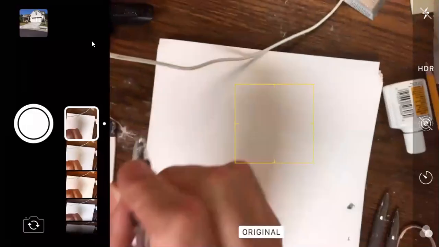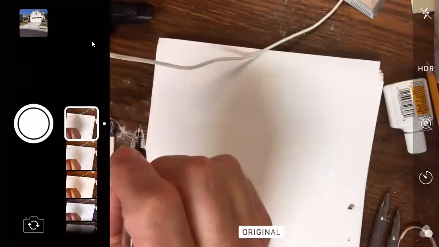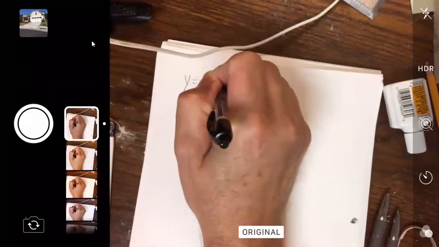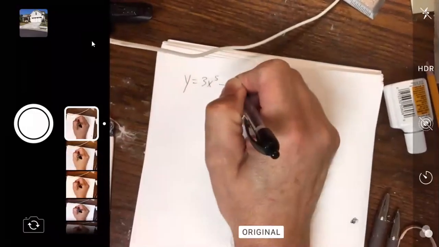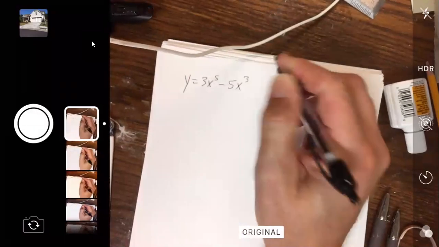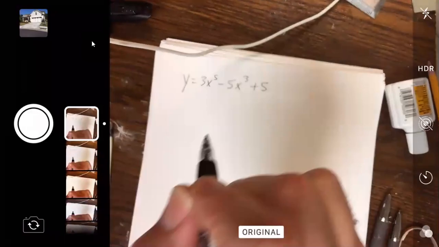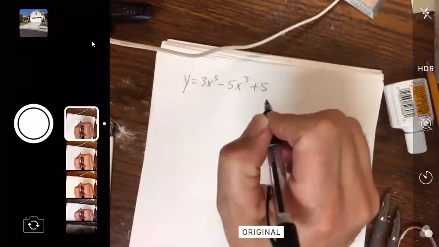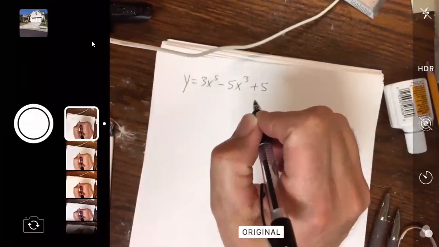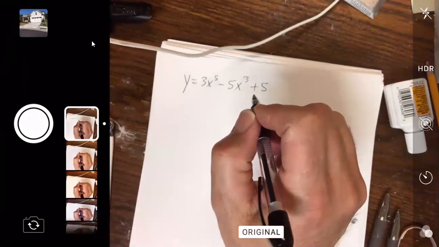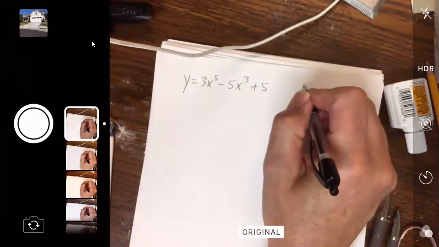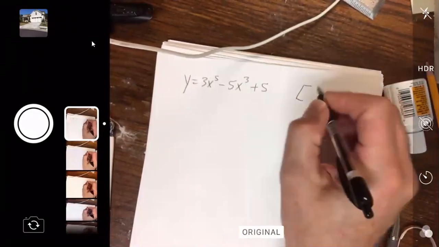The polynomial is y equals 3x to the fifth minus 5x cubed plus 5. Are you getting this off WebAssign or out of the book? Off of WebAssign. Okay. And then it has -3 to 3 by -5 to 10.